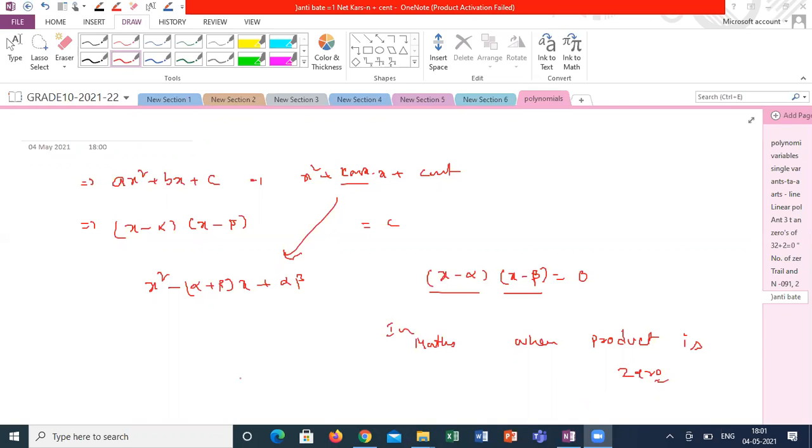Yes, suppose I am talking about the product of A and B being 0, where A and B are two real numbers. There are possibilities: either A can be 0, or B should be 0, or both A and B are 0.